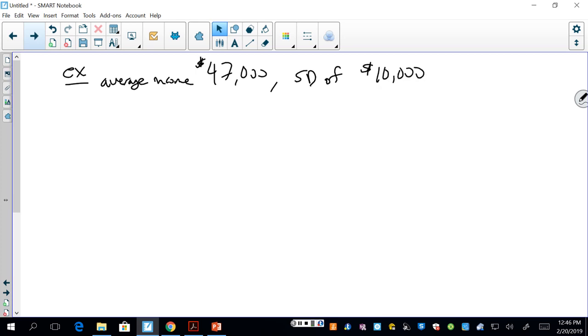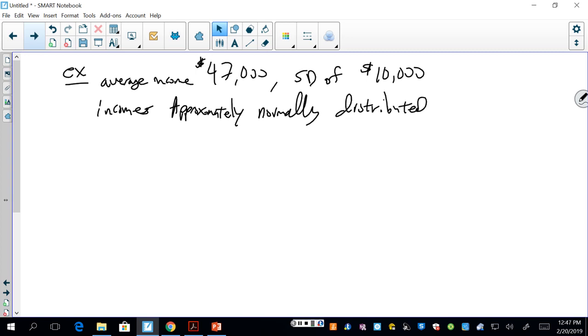And assume that the subset of income returns this is coming from is approximately normally distributed. We're going to jump down a couple of questions. What's the 75th percentile of income?